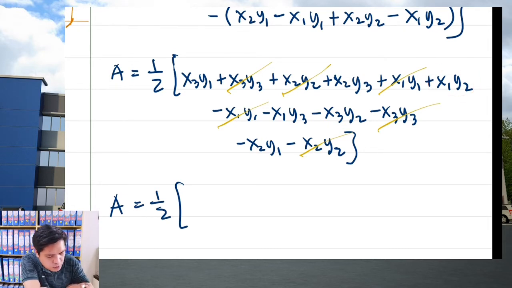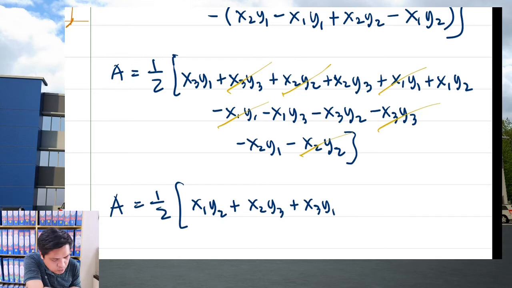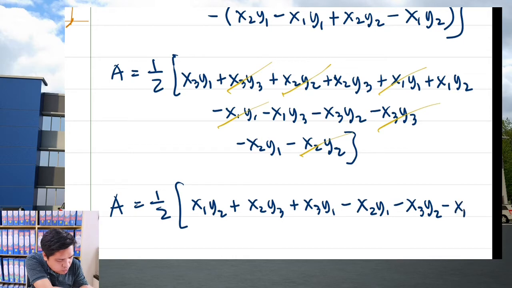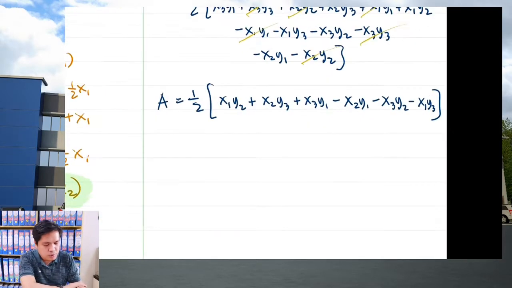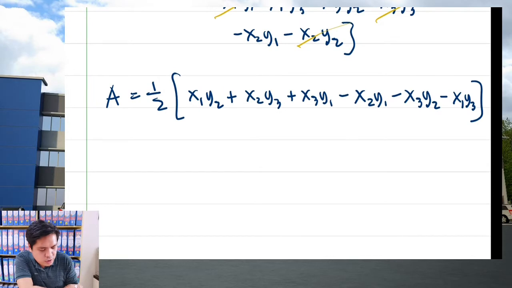How about kung unahin ko si x1, y2 plus x2, y3 plus x3, y1 minus, unahin naman dito natin si x2, y1 minus x3, y2 and minus x1, y3. So, this is now the equation.